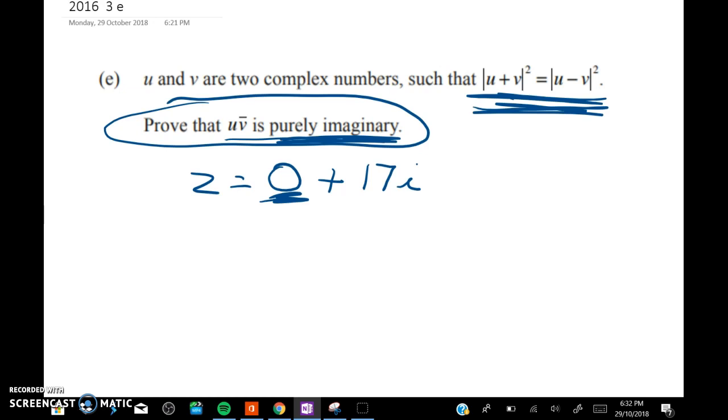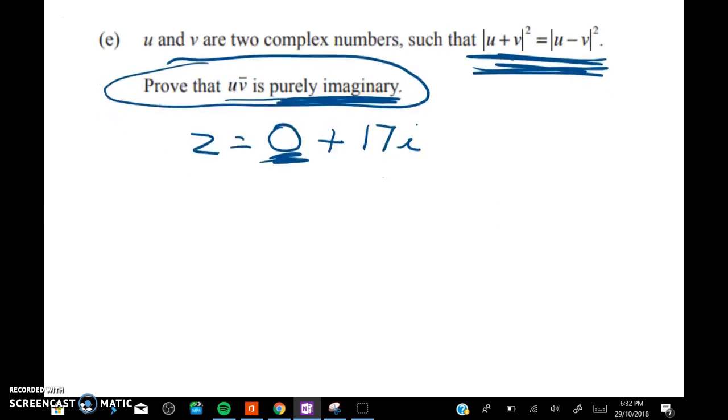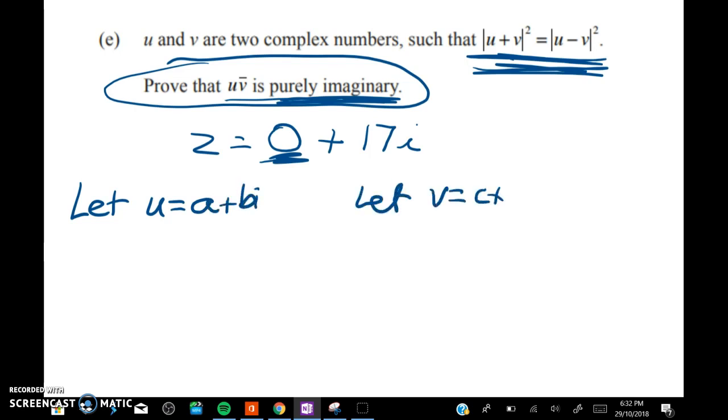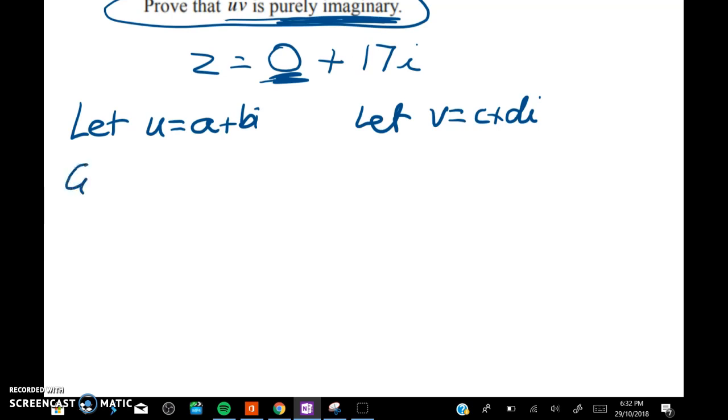Okay, so set it up again with let u and v equal something. So this time I'm going to let u equal a plus bi and let v equal c plus di. I'm partly doing that just to match what they've used in the marking schedule. Right, so we're given the magnitude squared of u plus v is equal to the magnitude squared of u minus v.